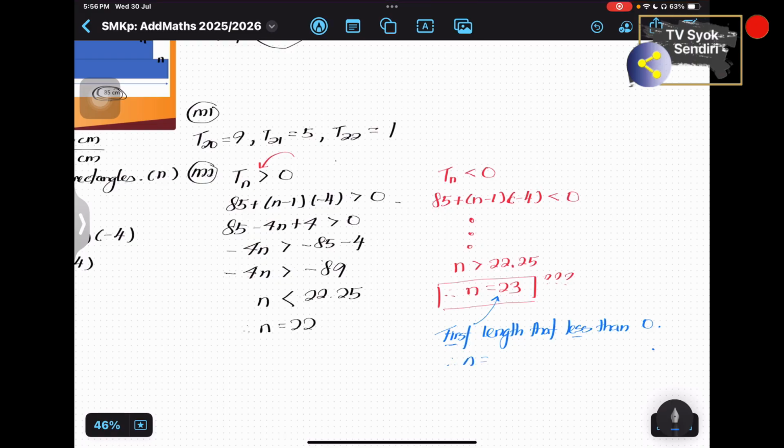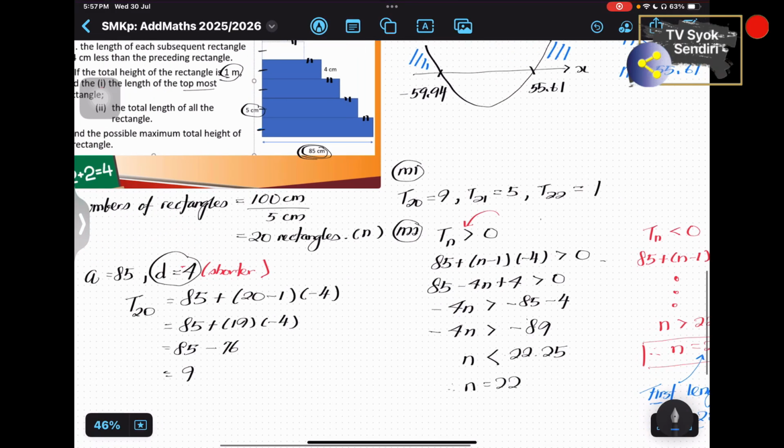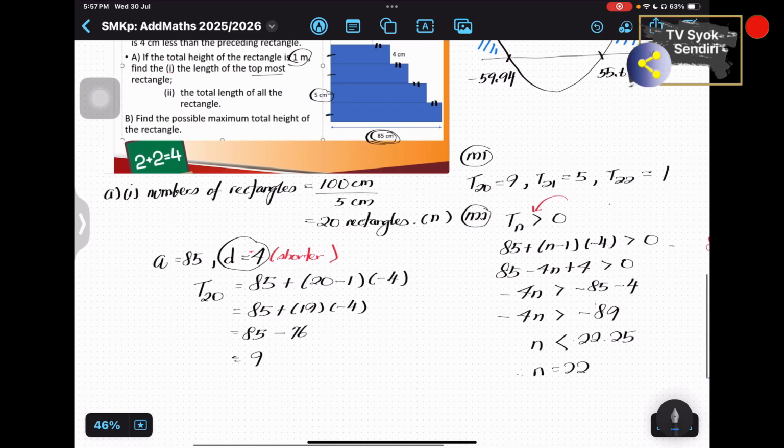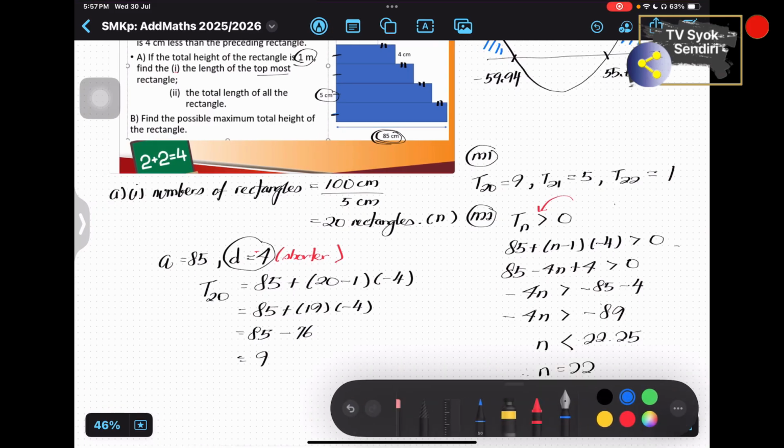So if you want it to be more than 0, then you will understand that n equal to 22 is the last length that is greater than 0. So this makes sense for us, right? That is why n is equal to 22. Okay, so remember that. Are we done with the questions?